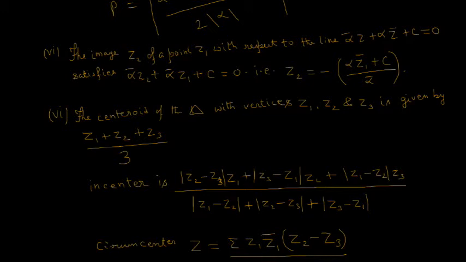The centroid of a triangle with vertices z1, z2, z3 is given by z1 plus z2 plus z3 upon 3. The incenter is given by the sum of the modulus of each opposite side multiplied by the corresponding vertex, upon modulus z1 minus z2 plus modulus z2 minus z3 plus modulus z3 minus z1.